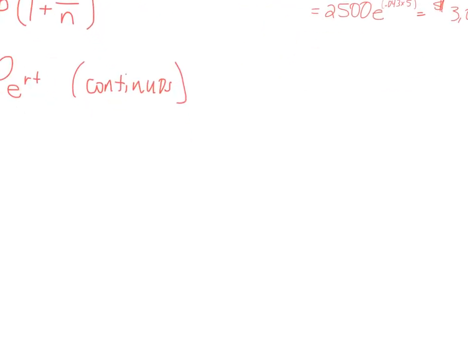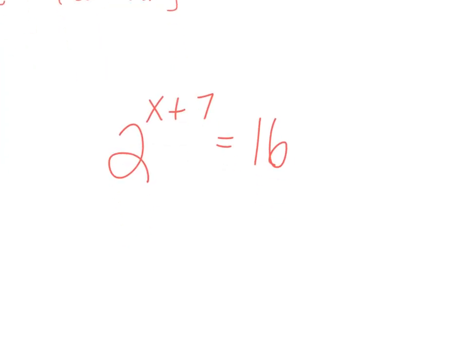I don't know if this is on the quiz or not, so let's just do one. Solve this using the one-to-one ratio. Just look at it. I've got to get the bases to be the same.